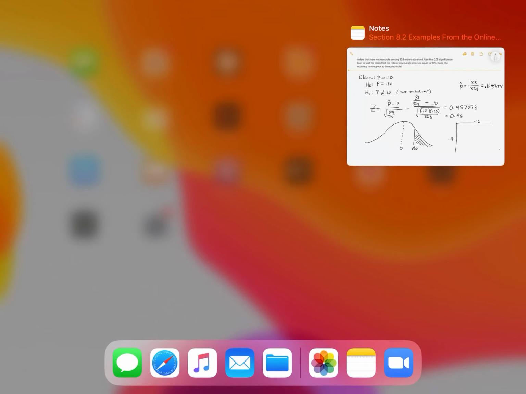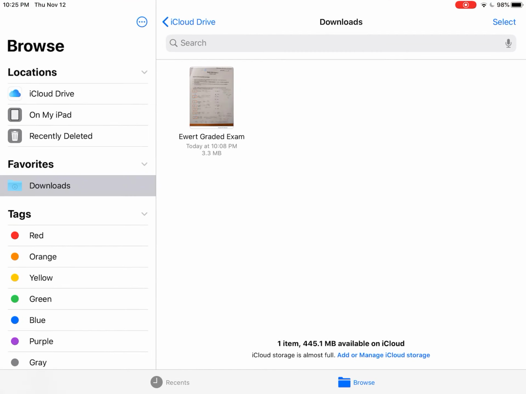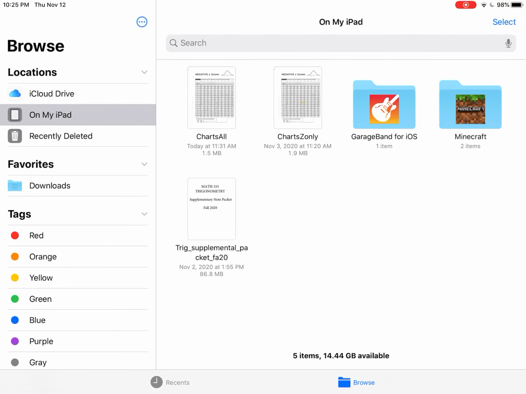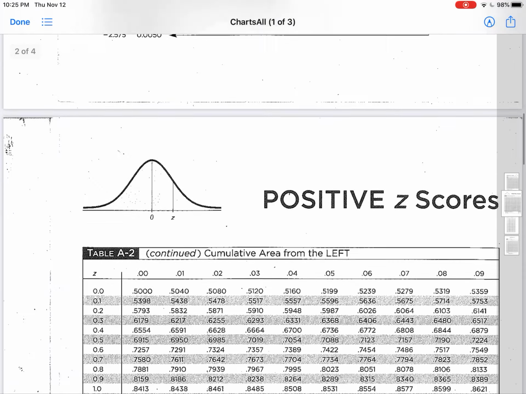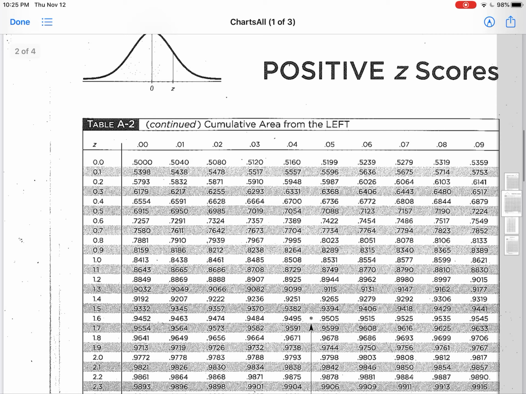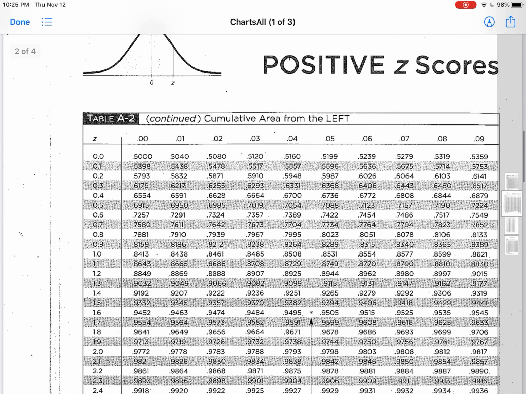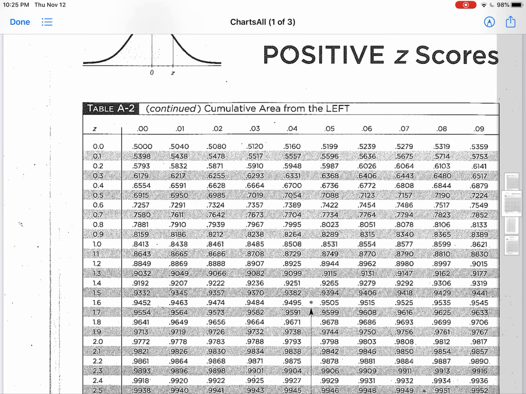Let's go look at that together. So let me go to Files here, and on my iPad, I'll go to all the charts because we'll eventually need the T-chart. But we got a 0.96 as our guy. So 0.96, travel on over, and we have 0.8315.